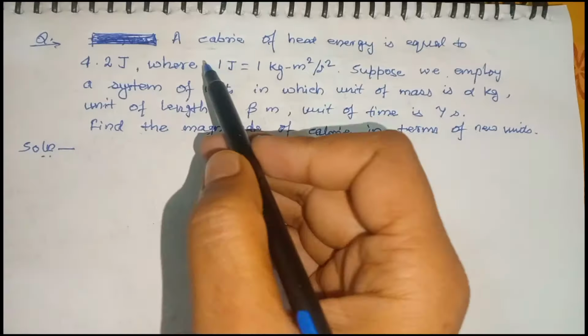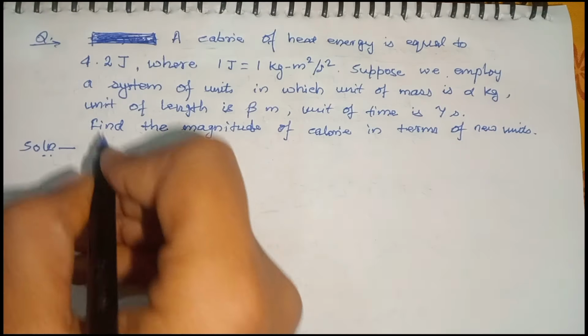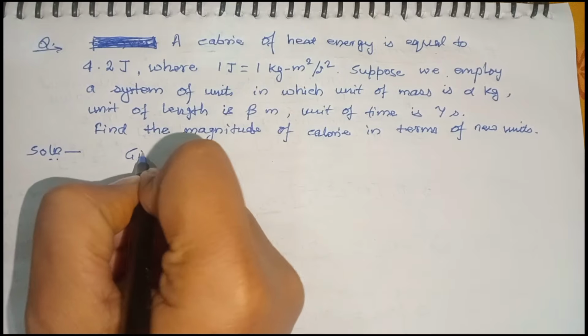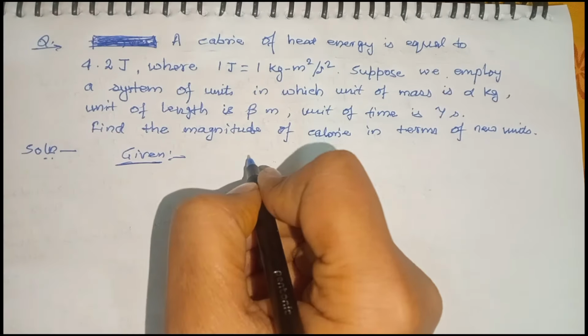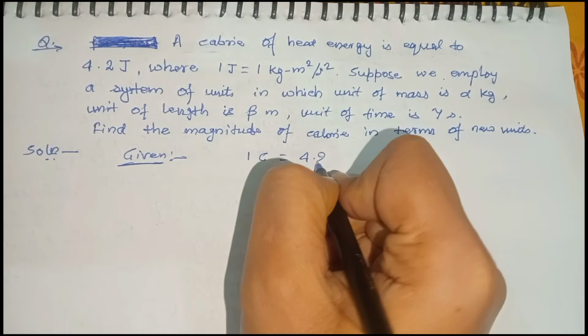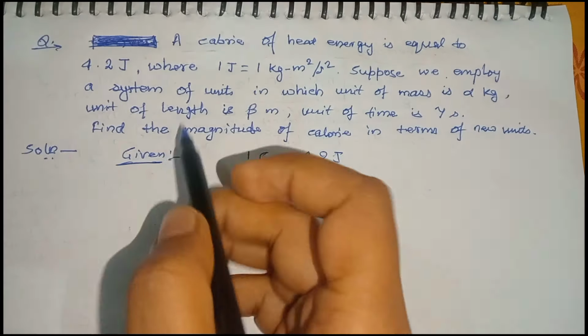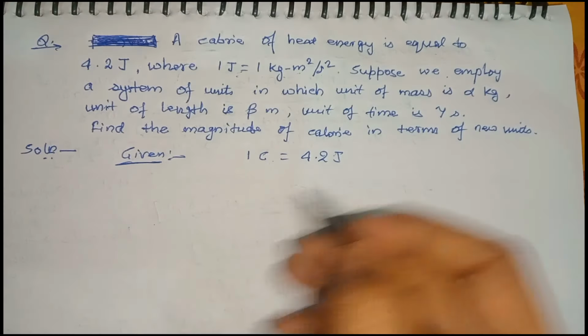The question is: a calorie of heat energy is equal to 4.2 joule. At first we write the given items in the question. That is, 1 calorie is equal to 4.2 joule, where 1 joule equals 1 kg meter square per second square.